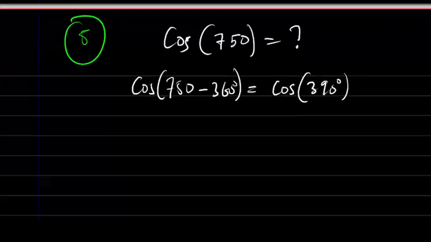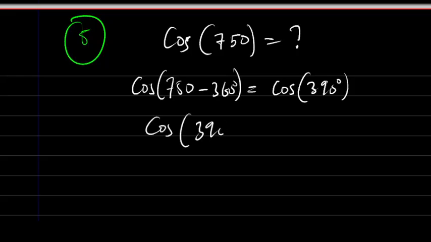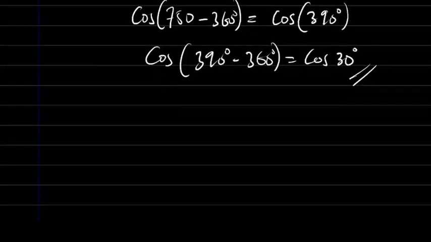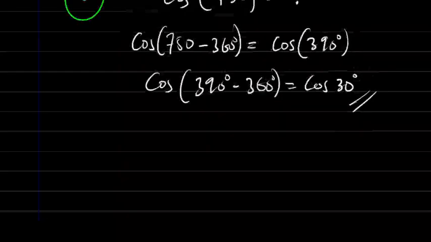Now 390 is still greater than 360, so let's subtract 360 more. 390 degrees minus 360 degrees, what are we going to have? We have cos 30 degrees. That's very simple, because we have cos 30 degrees, so we don't need to break it down any longer.